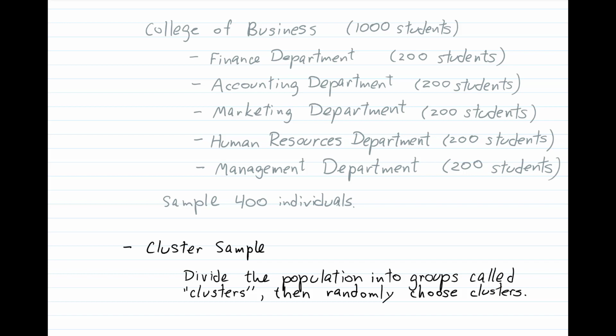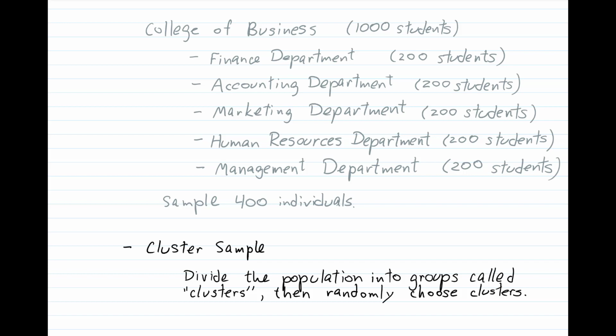What if you wanted to sample only 100 individuals? Then this wouldn't work the way I've written it, right? So what you could do if you only wanted to sample 100 individuals, this is just one possibility, I'm not saying that this is the way it would have to happen, you could take each department and split each department in half.